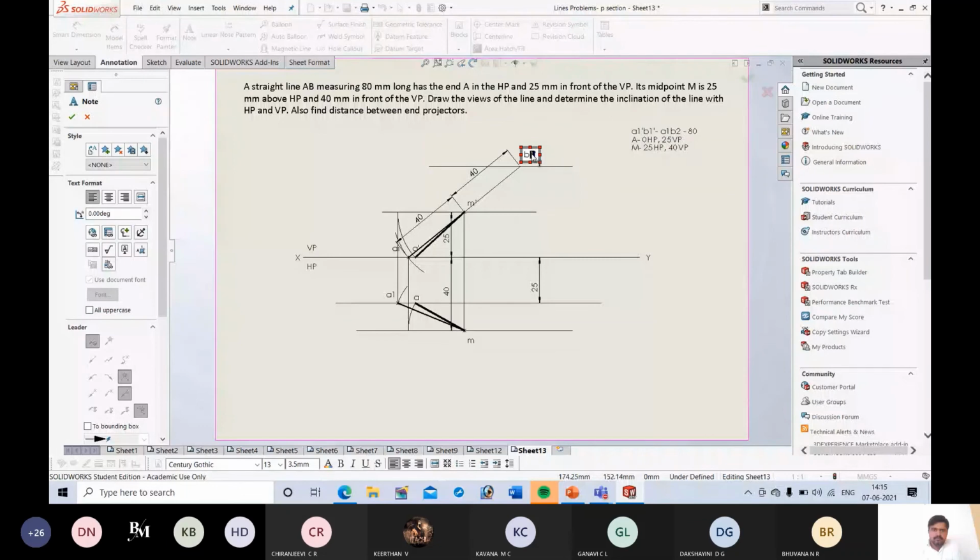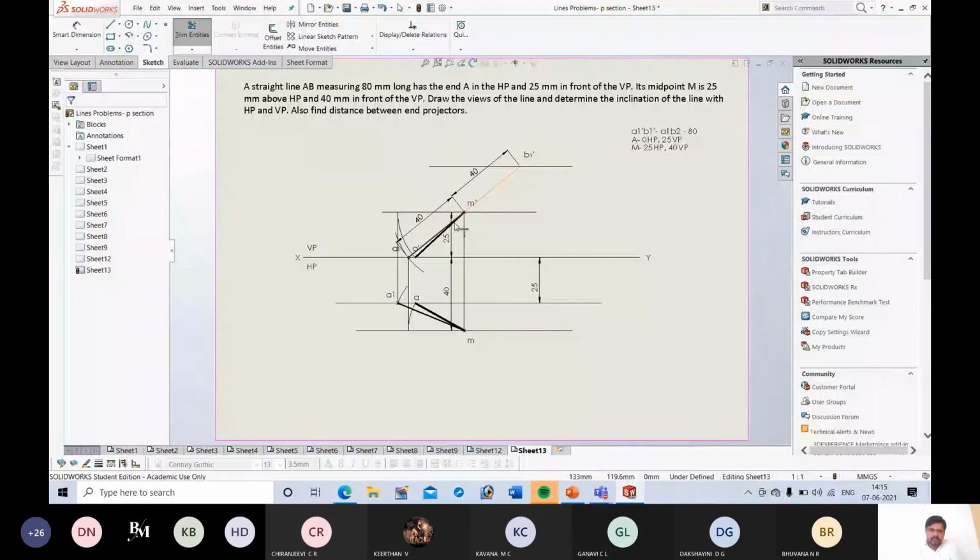After drawing this, next align the scale to the front view and extend this line till locus of B. So this is the front view, B dash.